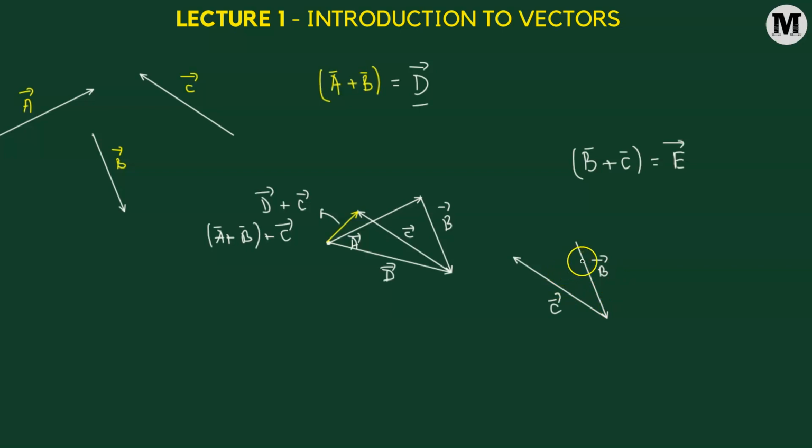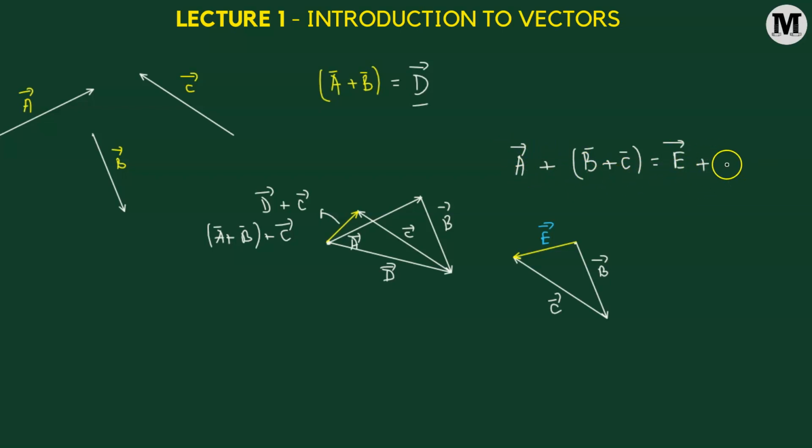Now to find the sum, or the resultant as it is generally referred to, we will start from the initial point of B and draw a vector joining it with the terminal point of vector C. Starting from B, we go to the terminal point of vector C. So we're going to call this the vector E. Now what we have to show here is that we take vector A first and then add it with B plus C. Since it is commutative, it doesn't matter.